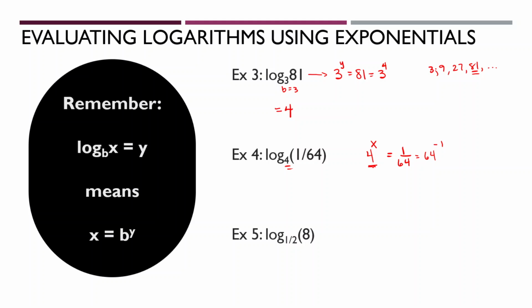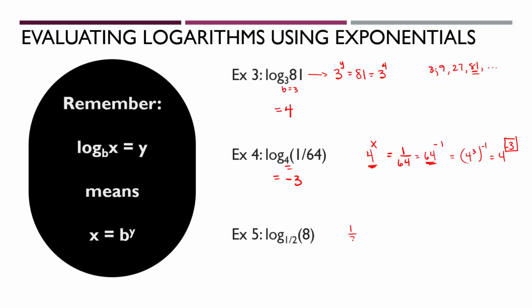But other than that, I still just need to figure out if 64 is a power of 4. Well, 64 is 4 cubed. So I end up with this log equaling -3, because that's what I got as my exponent. So that would be the output of the log.